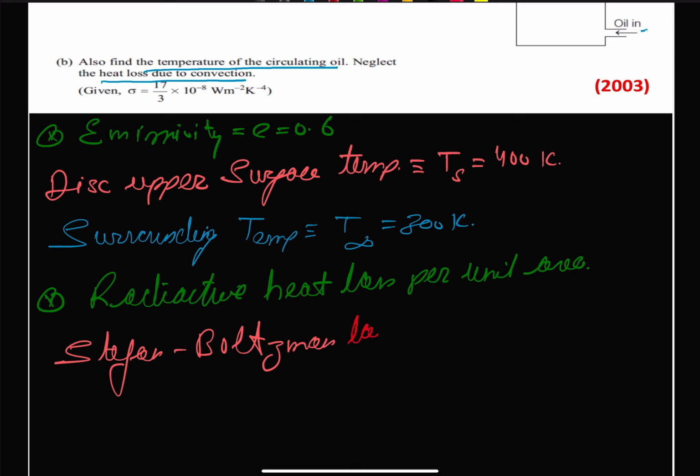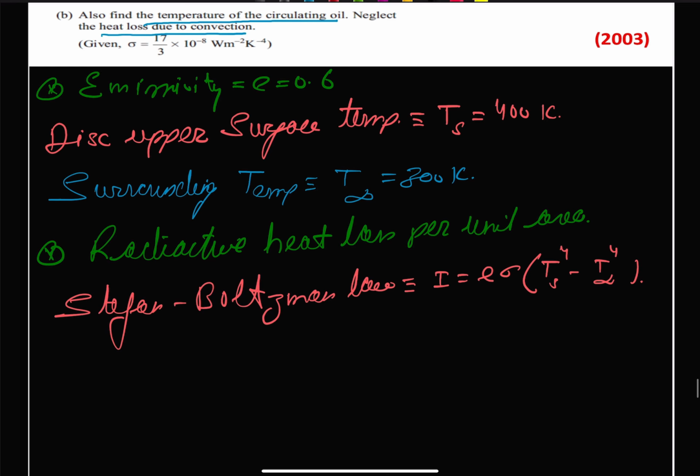Stefan-Boltzmann law gives us that I is equal to E sigma multiplied by T of S raised to power 4 minus T of infinity raised to power 4. We substitute the values because everything is given to us.